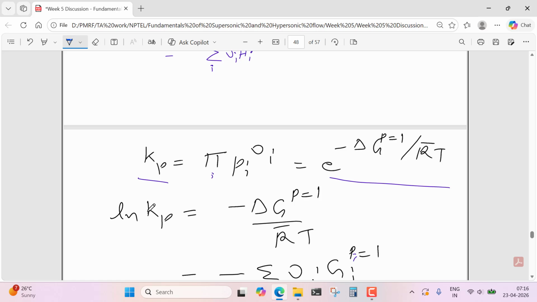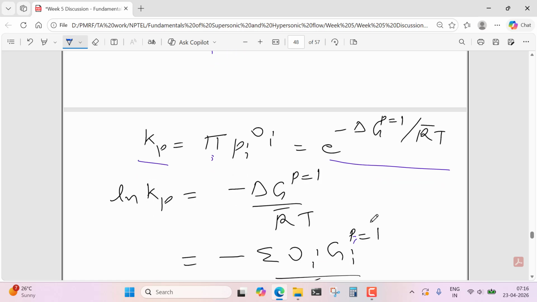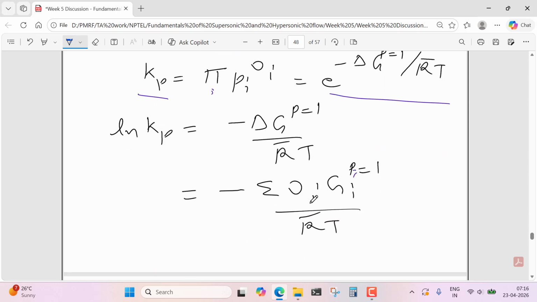We get log Kp equals minus ΔG° upon R̄T. And how is this ΔG° given? It is nothing but Σ ν_i Ḡ_i, so log Kp equals minus Σ ν_i Ḡ_i(P_i = 1) upon R̄T.